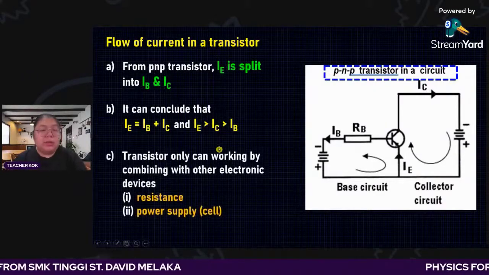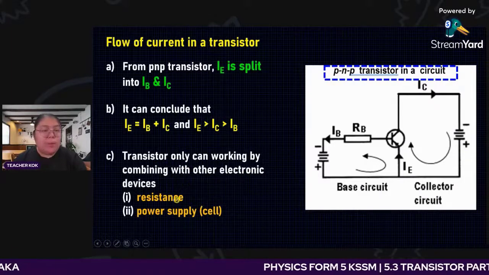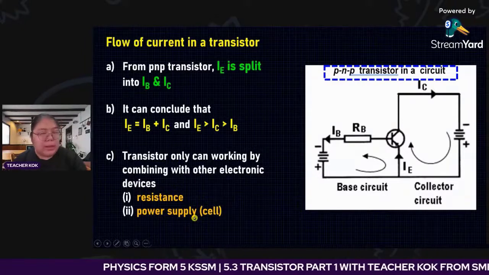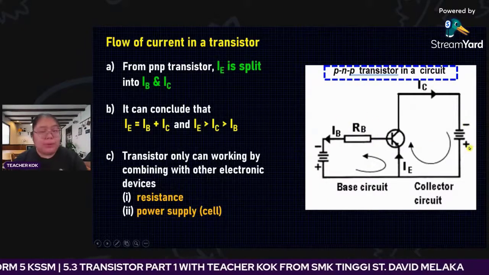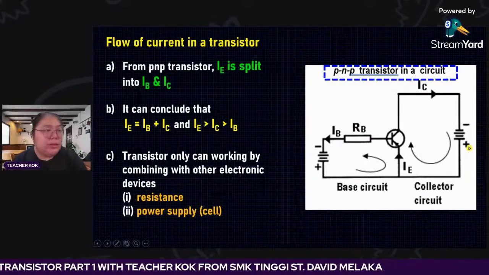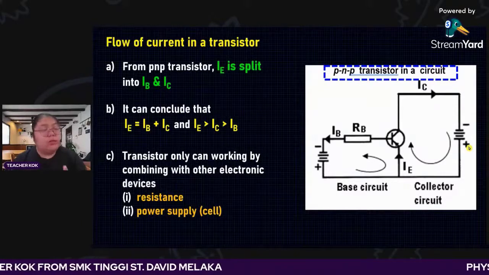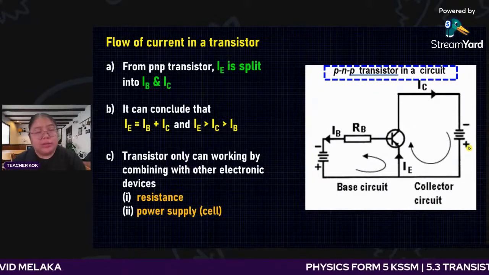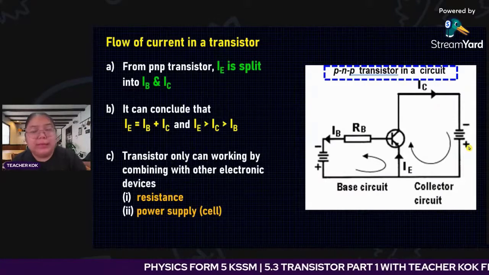Okay, now C. A transistor can only work when it is combined with a resistor and a power supply. If you don't have any resistor or power supply, it is actually just a transistor. To become a circuit, you need to join the battery and the resistor, and then it becomes a complete circuit.